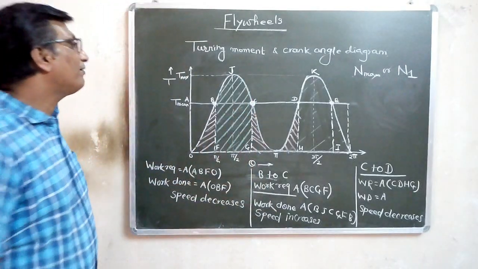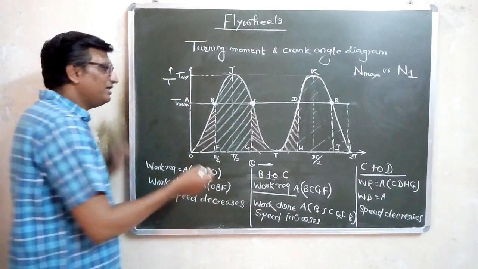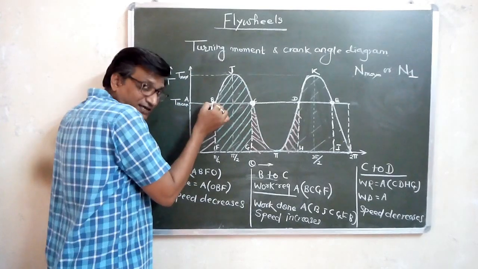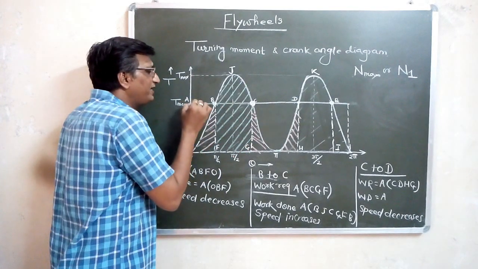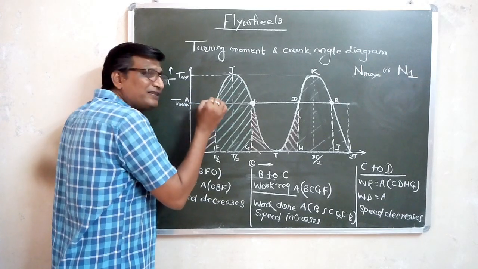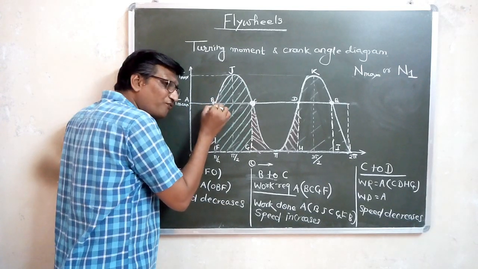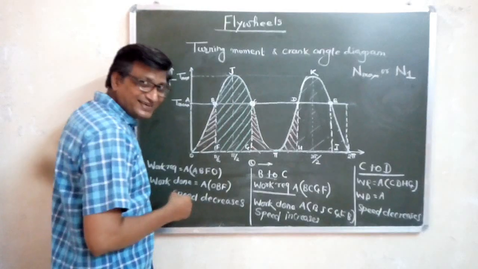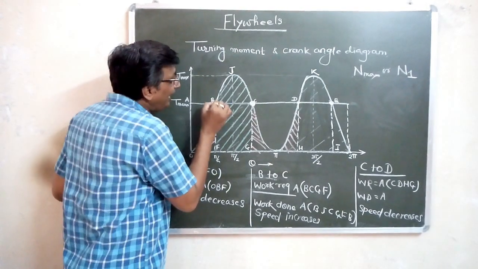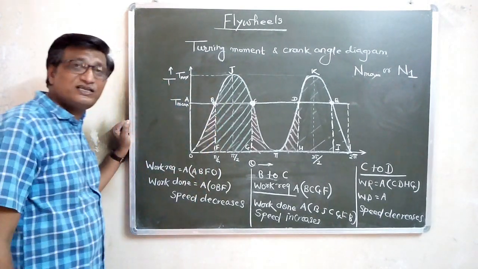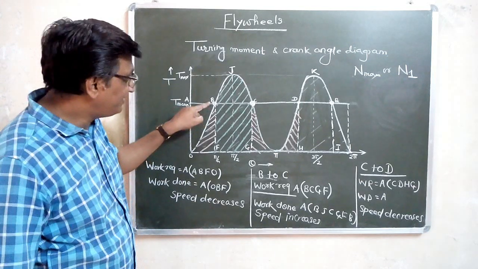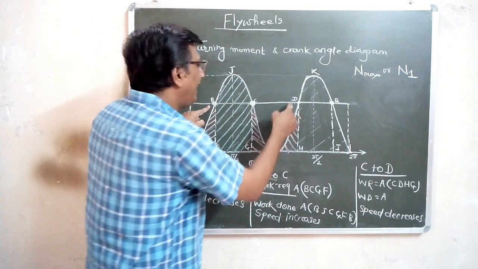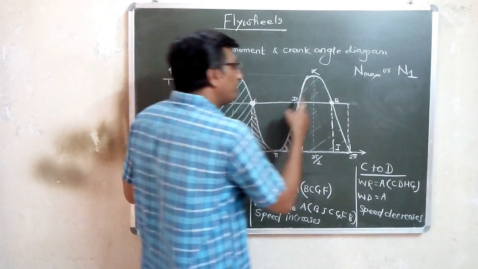Okay. Now similarly, if you see from A to B, the speed goes on decreasing. So A to B decreasing. At the B it is very less. Now from B it is going to increase. That means what? At the B you are having very less speed. That means lowest speed, minimum speed is at B. Similarly, at D you are getting the lowest speed.